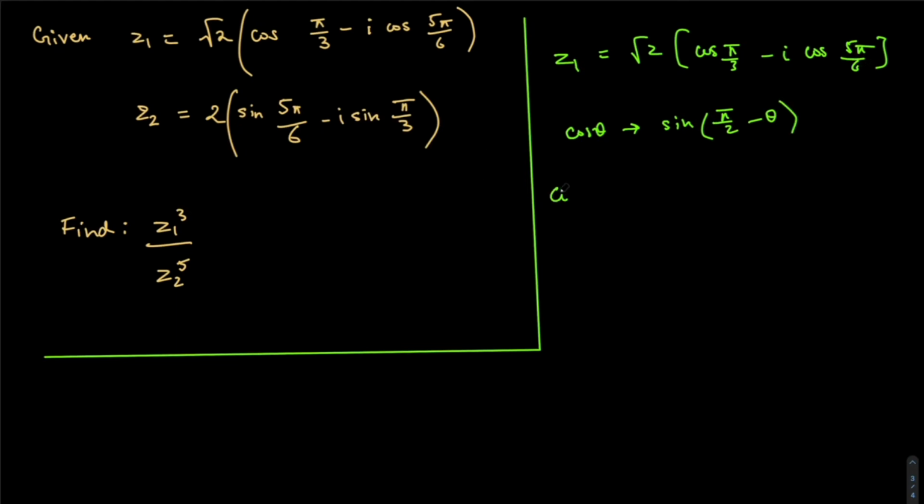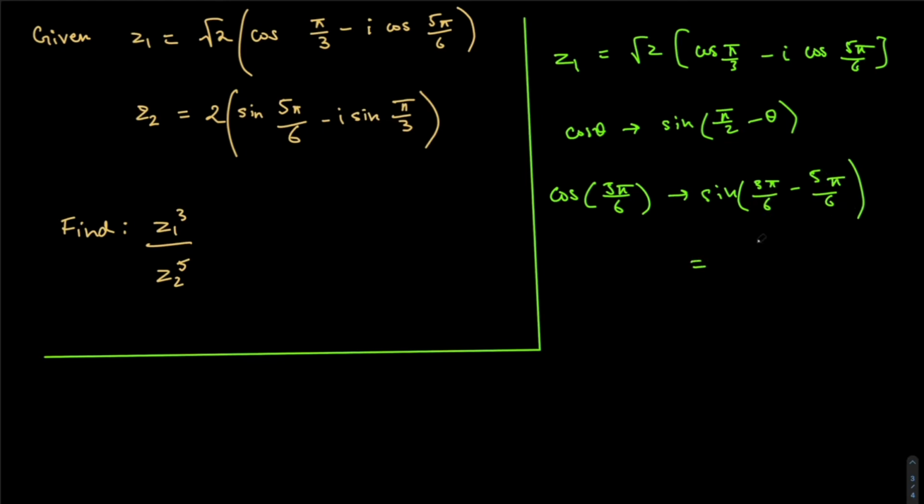We're gonna write cosine of 5 pi by 6 is equal to sine of pi by 2, right? So I'm going to write pi by 2 as 3 pi by 6, okay? Minus 5 pi by 6. So what I'm going to have, 3 pi minus 5 pi, which is minus 2 pi.